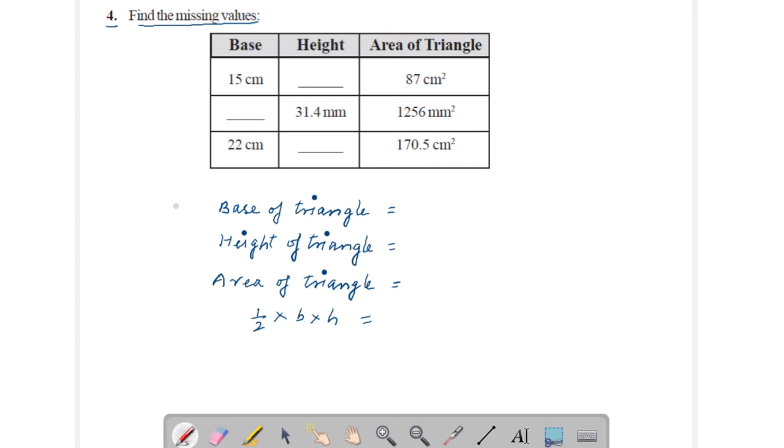Now come to C part. Here base of triangle, it is 22 centimeter. Height of triangle, you have to find out. Area of triangle, it is 170.5 centimeter square.